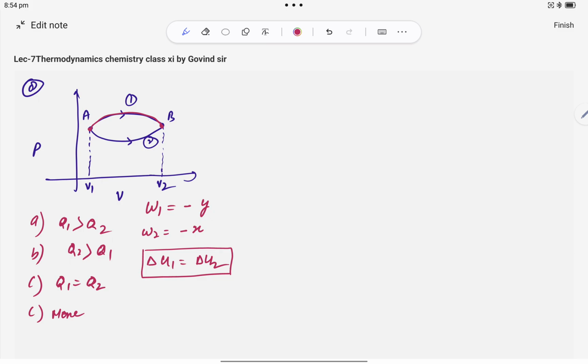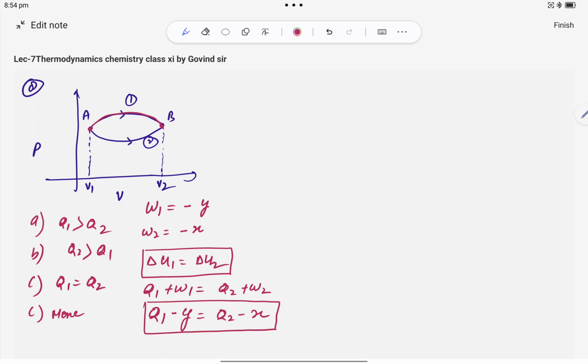In that case what you can use: delta U is Q1 plus W1 and Q2 plus W2, so Q1 minus Y and Q2 minus X, this equation is coming.